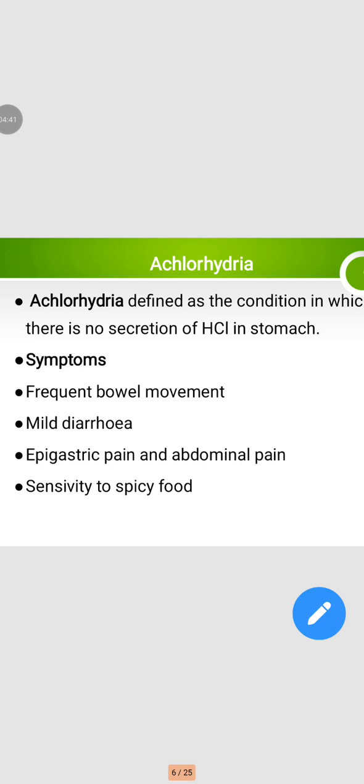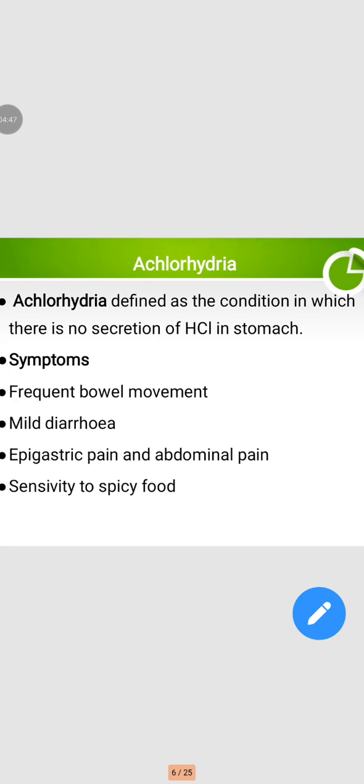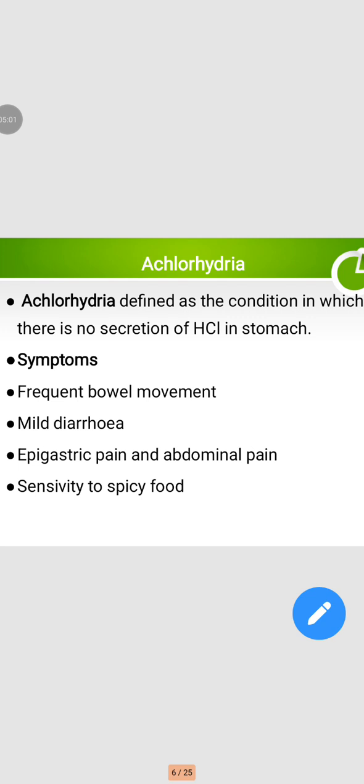Then achlorhydria. Achlorhydria is defined as the condition in which there is no secretion of HCl in the stomach. The HCl is used in digestion of food in the stomach.